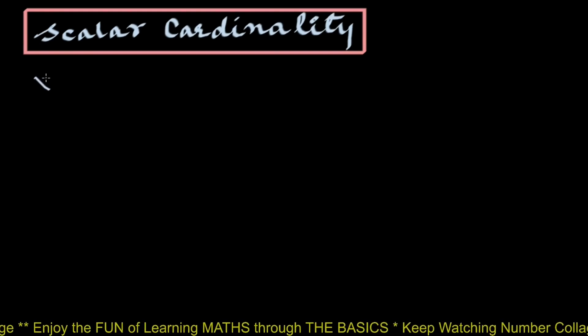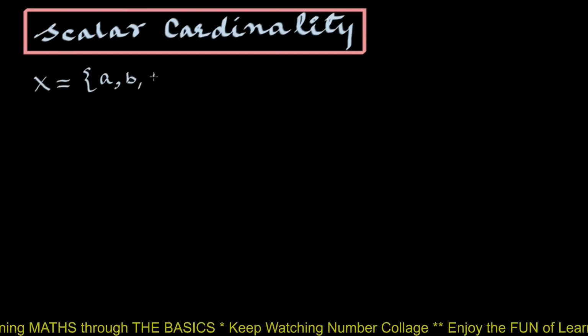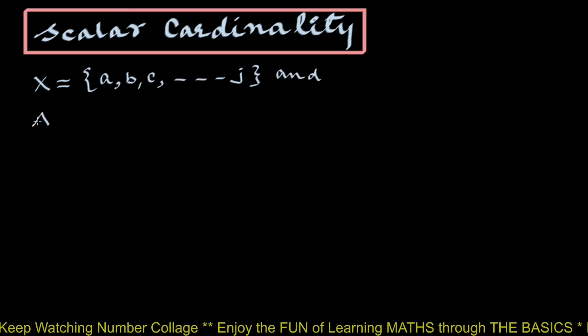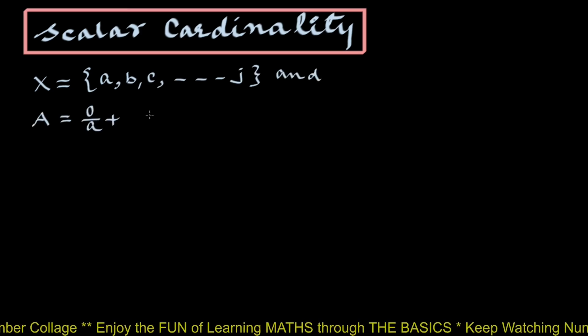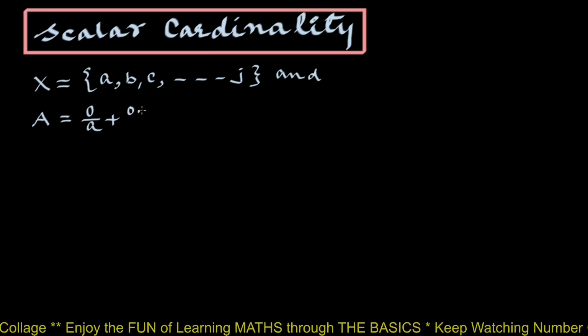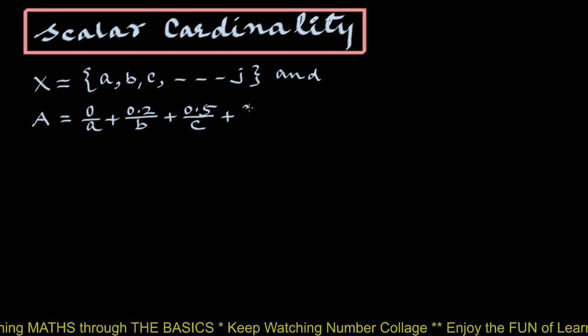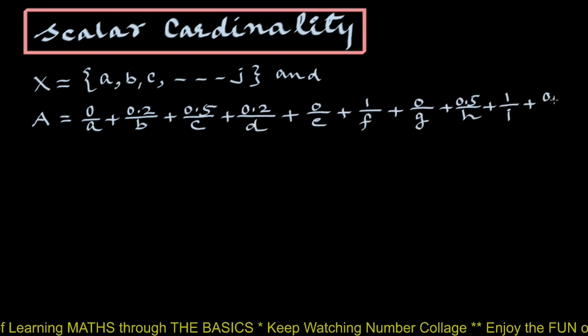Universal set X is a, b, c, etc., j, and fuzzy set A is 0 upon a plus 0.2 upon b plus 0.5 upon c plus etc. plus 0.1 upon j.